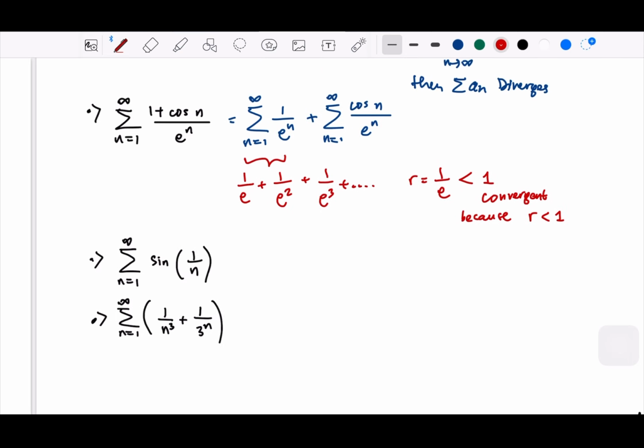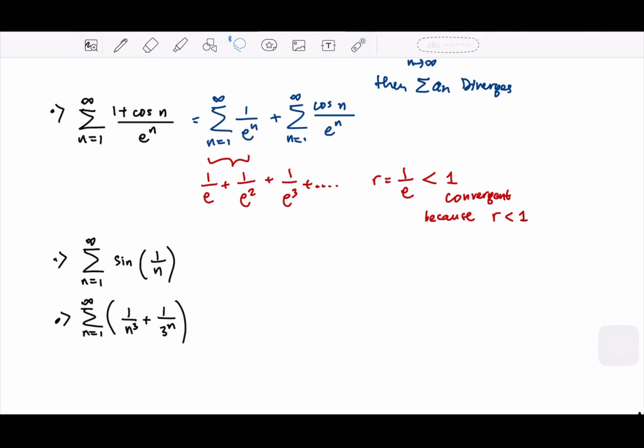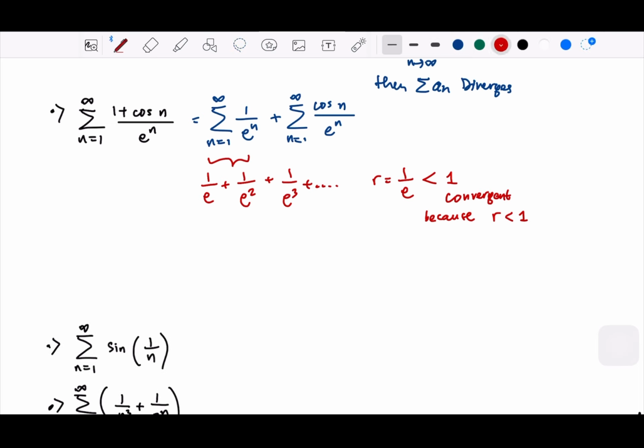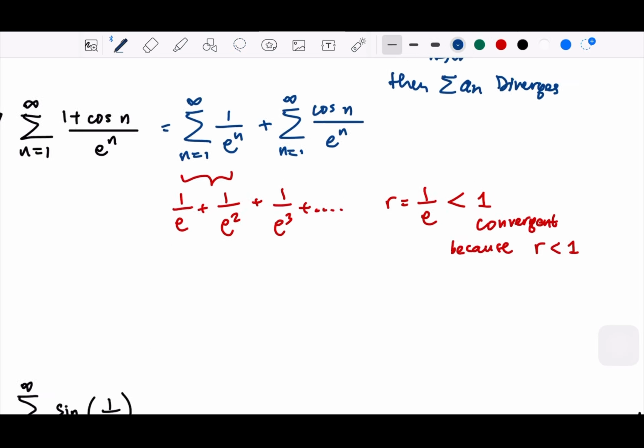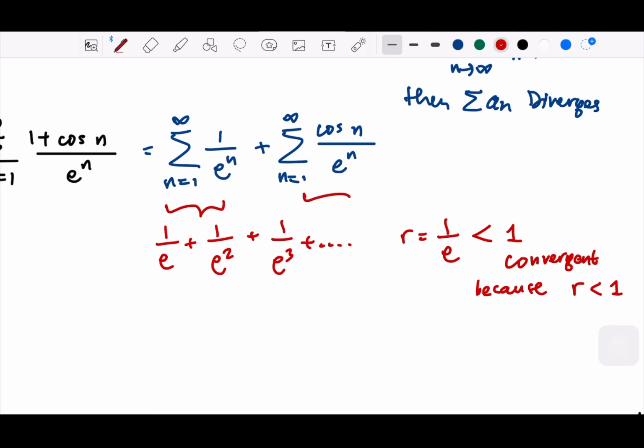But then we need to look at the whole series. The whole series has a cosine, this second part here. We can compare it.